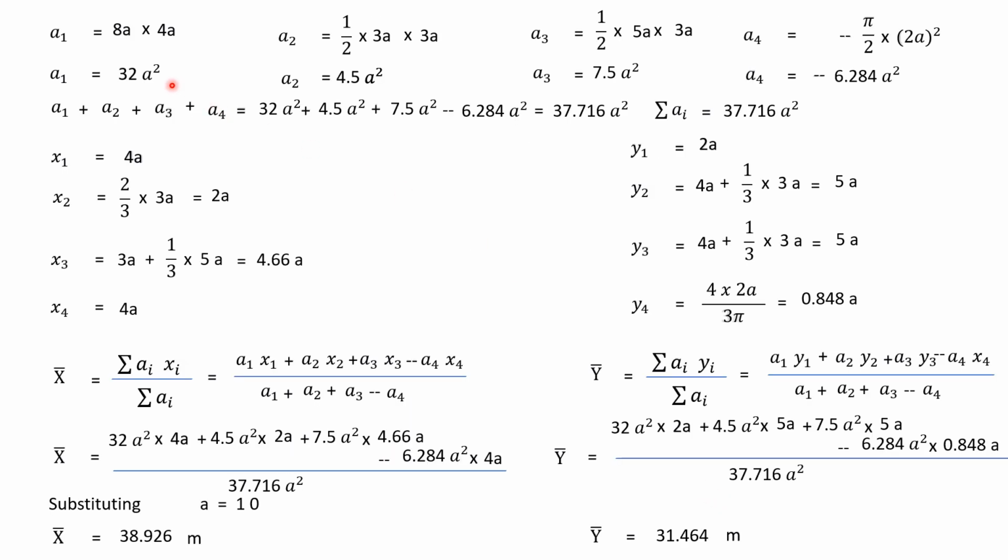So we calculated A1, A2, A3, A4. Now calculating the summation of Ai, here A4 is negative because it is in subtraction, and we have x1, x2, x3, x4, y1, y2, y3, y4. X bar is given by this formula, y bar is given by this formula. See that here A4 is negative because it has to be subtracted from the whole figure.